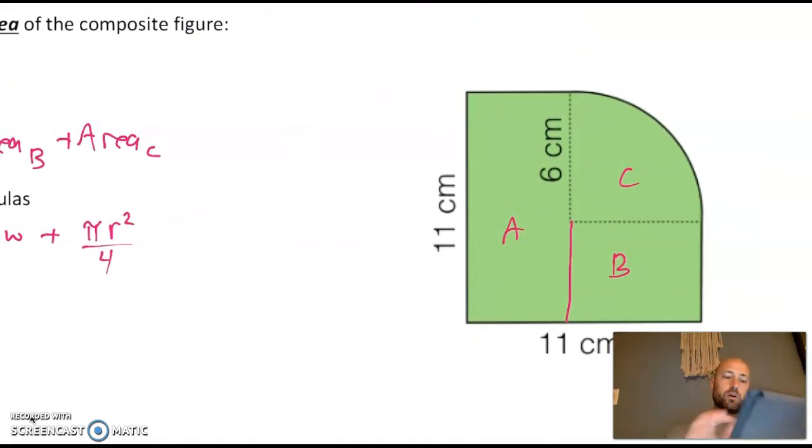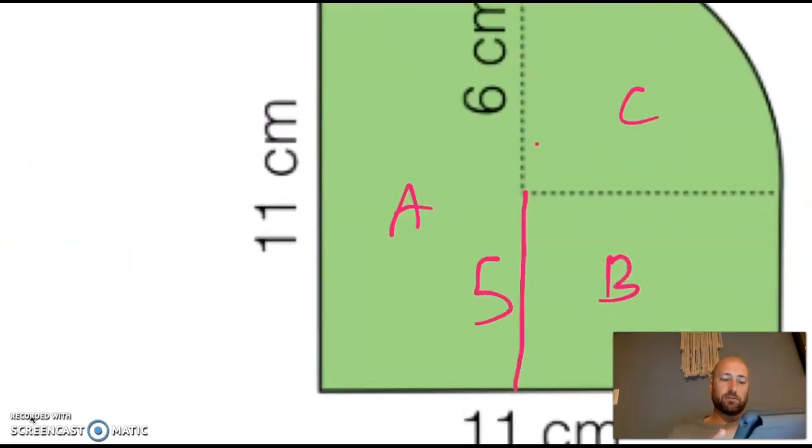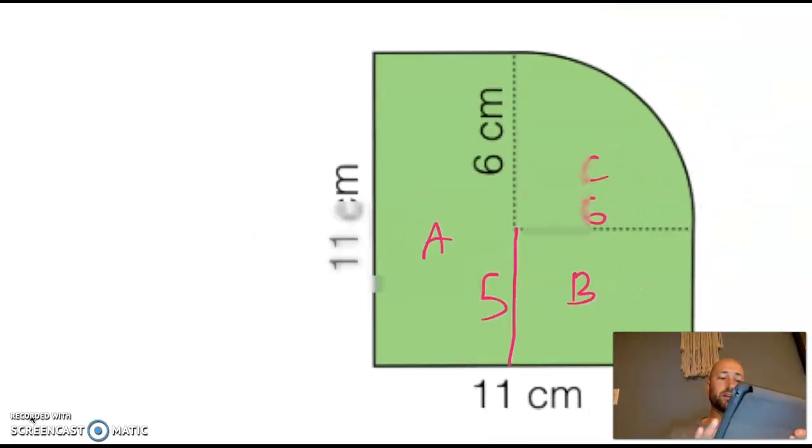Well, we talked about if this is 6 here, this first pink line that I drew has to be a 5, and that one is a 6, because that is the same radius. Okay, so for area B, I got it. And if that is 6, this is also 5 right there, because 5 plus 6 is equal to 11.